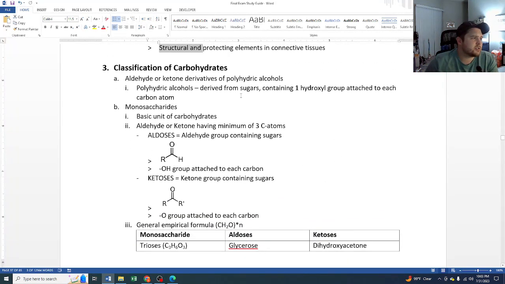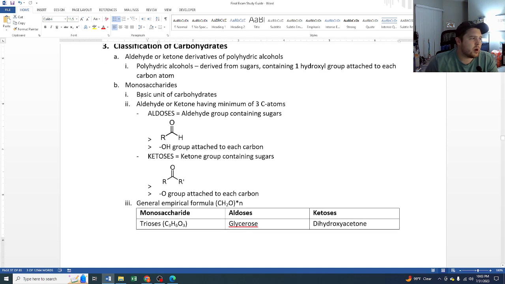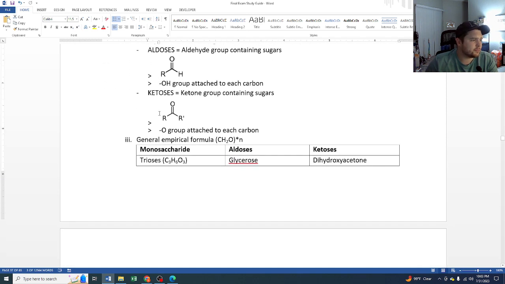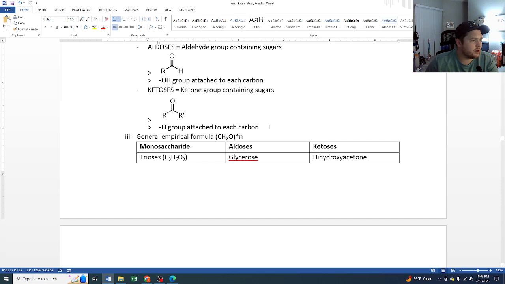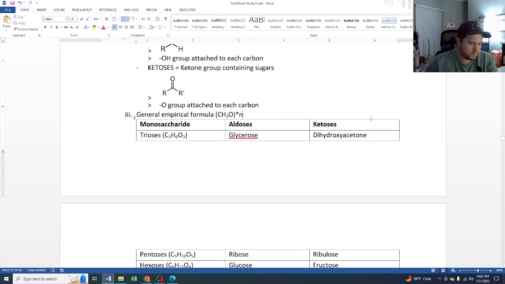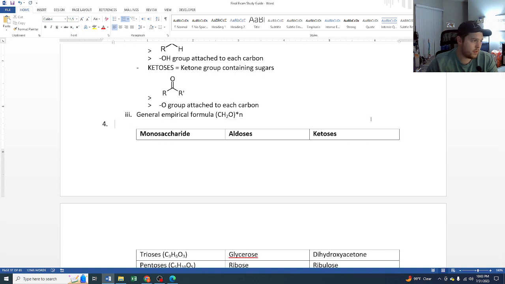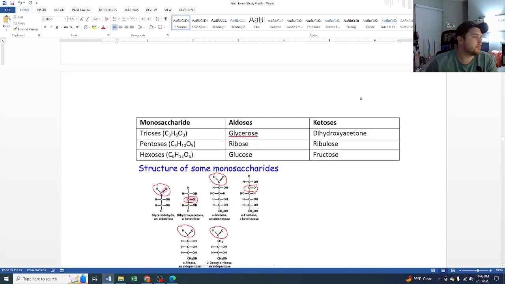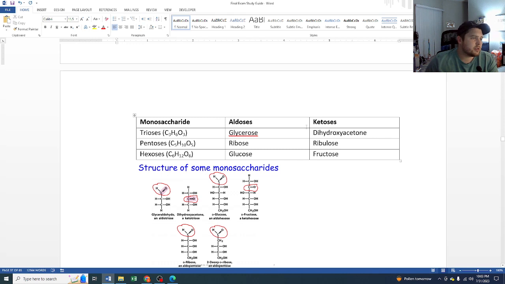The classifications of carbohydrates, we have the aldehydes and the ketones, the monosaccharides. The monosaccharides, the aldoses, and the ketoses.